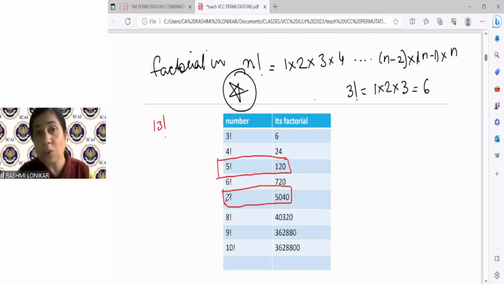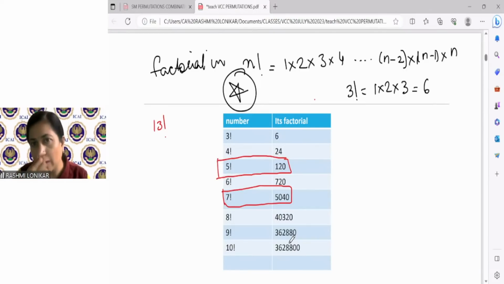But then I'm also going to talk to you about a golden rule in factorial, which will help you solve this very easily. Because every time we have to do it on the simple calculator that we are allowed in the exam, not the scientific one where I just put in the number and press the factorial symbol and get the factorial.